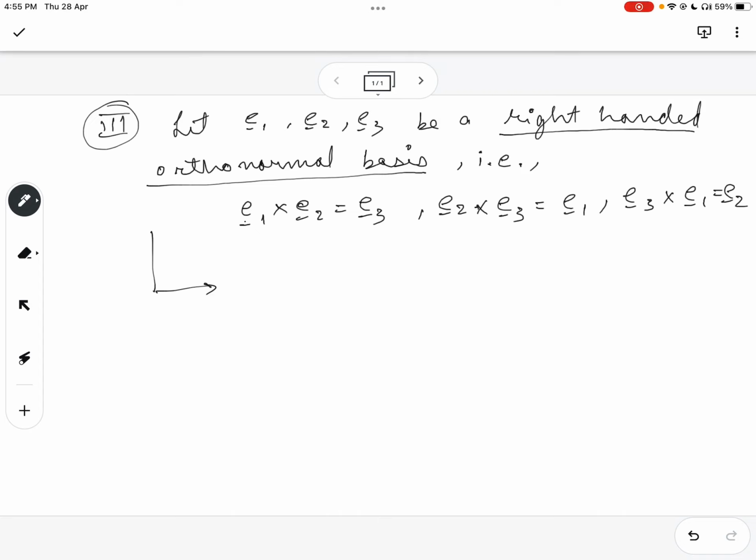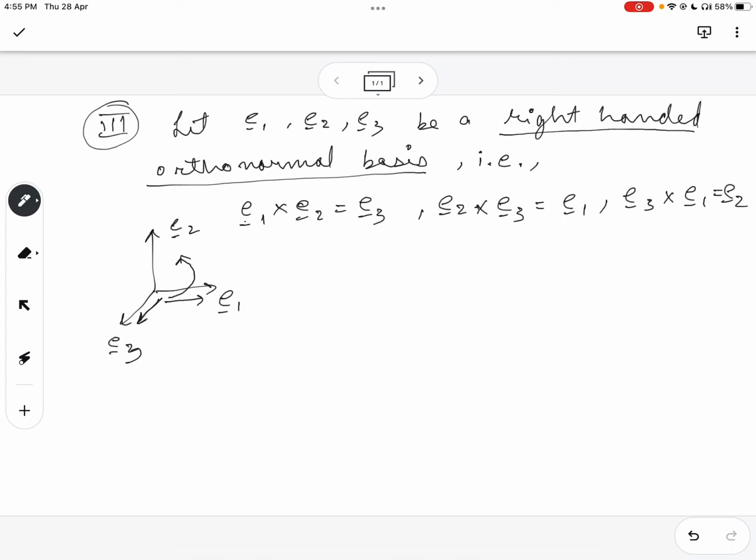So if we take three orthonormal vectors E1, E2, E3, putting our hand in the direction of E1 and curling it towards E2, the thumb should give us E3.